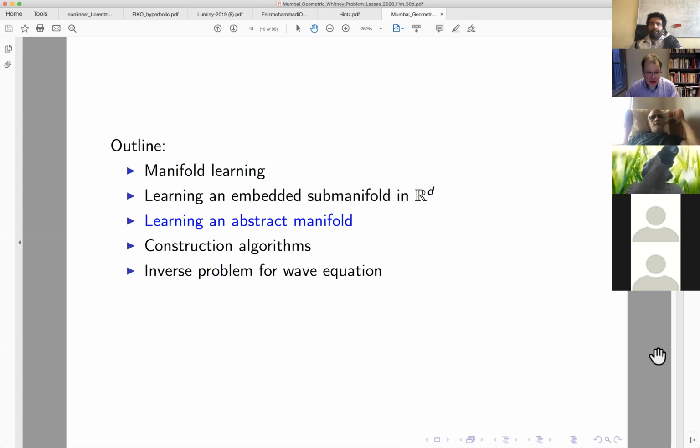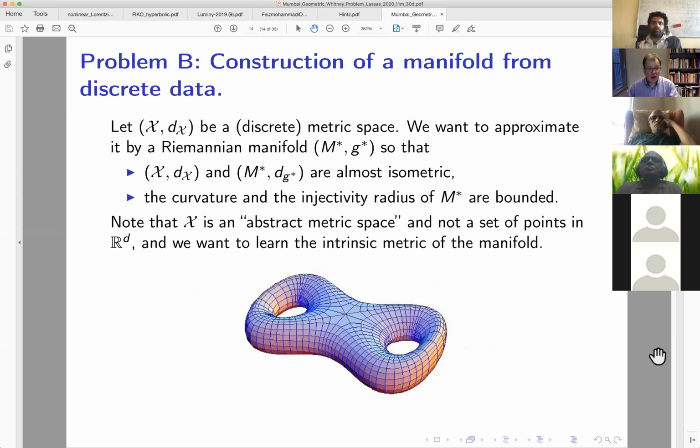So let's apply this then to the abstract manifold problem, where we don't have any embedded spaces. And then later we apply this to inverse problems. Okay, so this was a recalling of one of the earlier slides. Our task is that we are given a metric space.